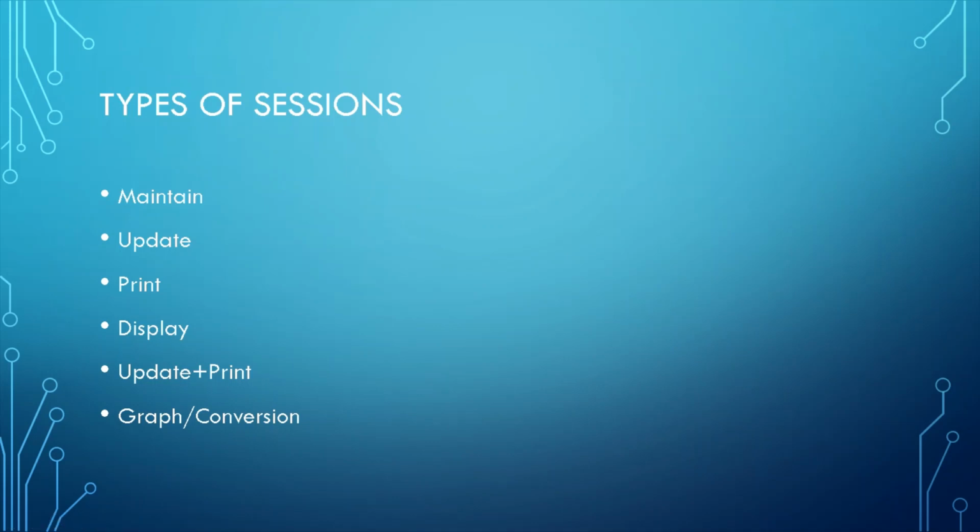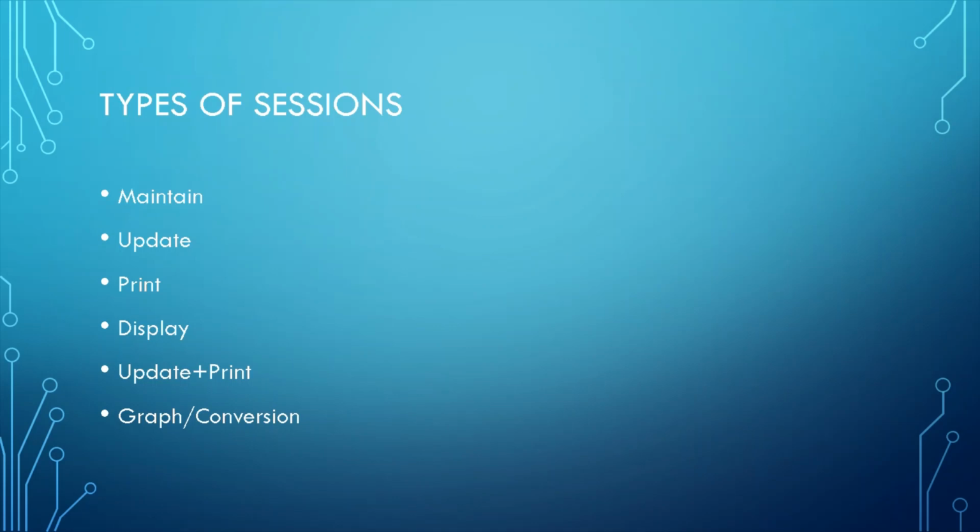The next is update plus print. So sometimes you have to create a processing session where you are updating several tables or just one table, and then after updating that table you have to print a report, like which records from this table were updated.